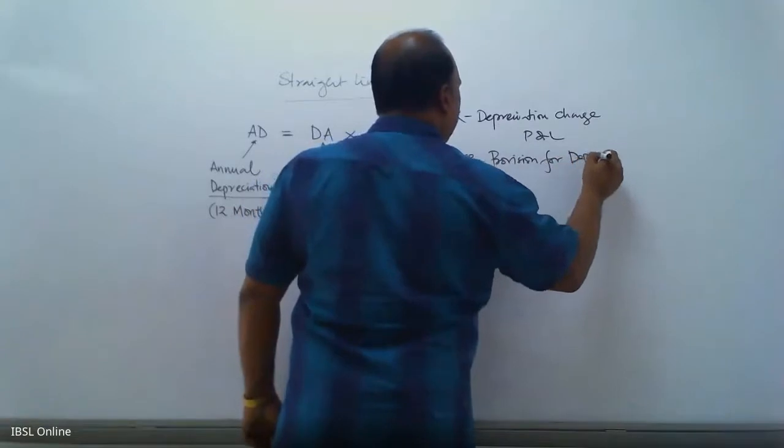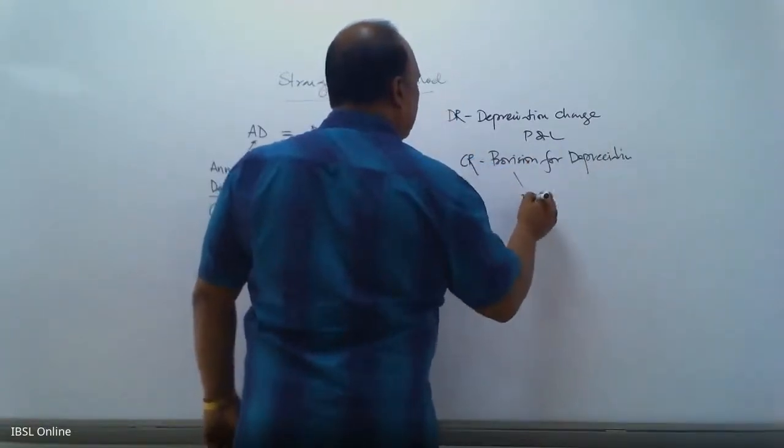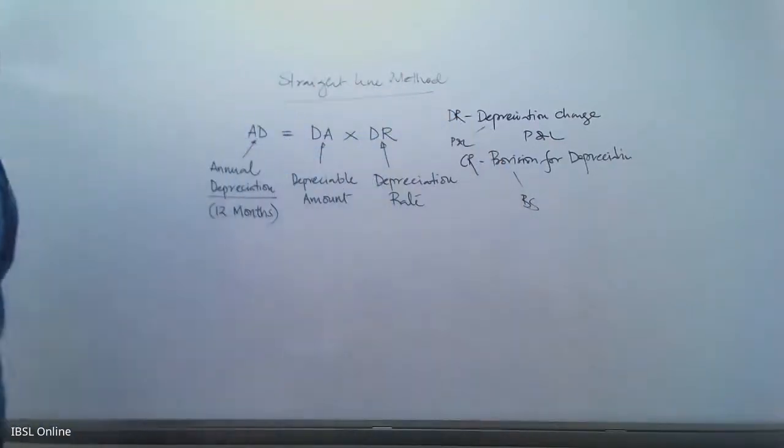This is a balance sheet account and this is the P&L account. So you see, there is no cash inflow or cash outflow.